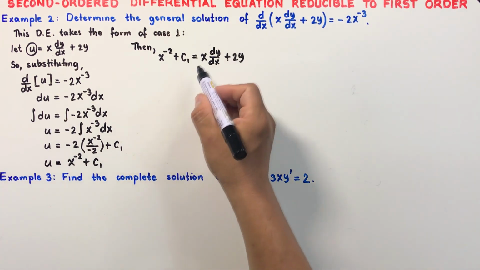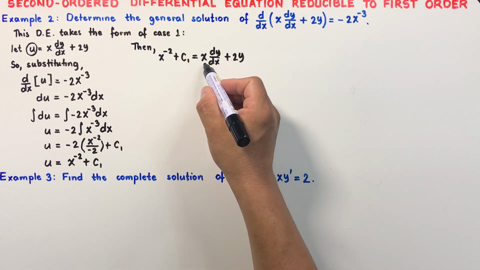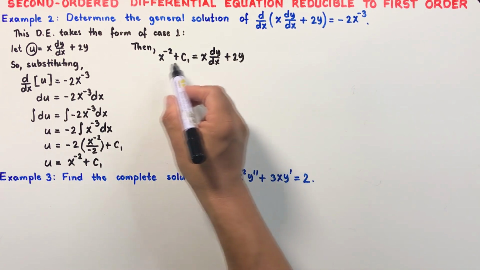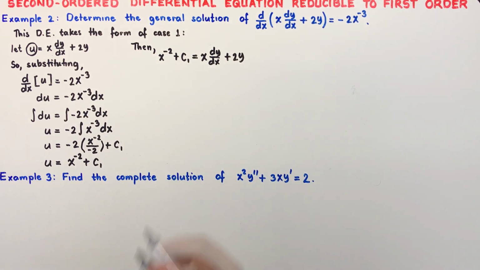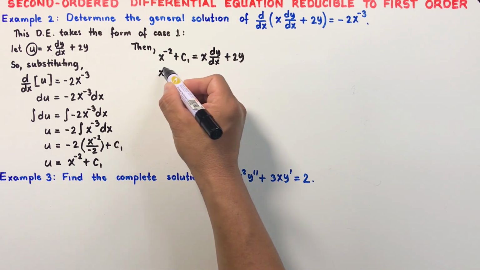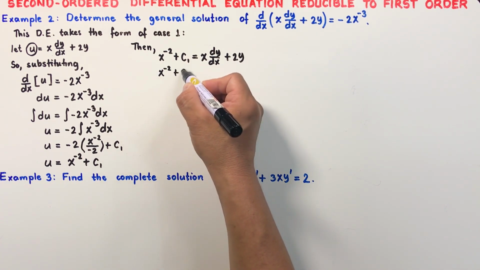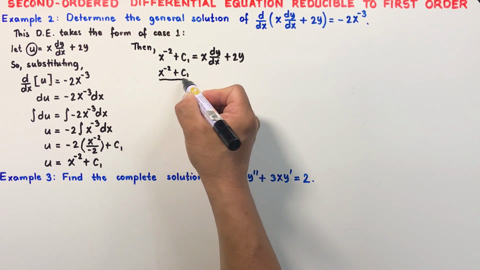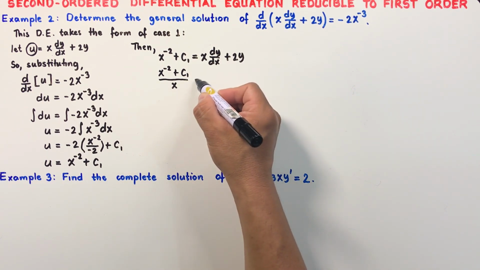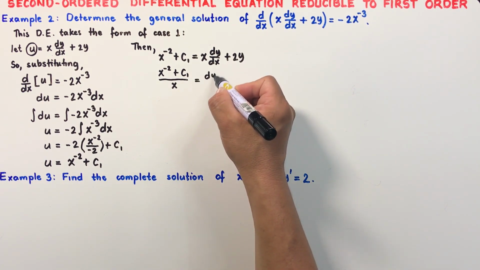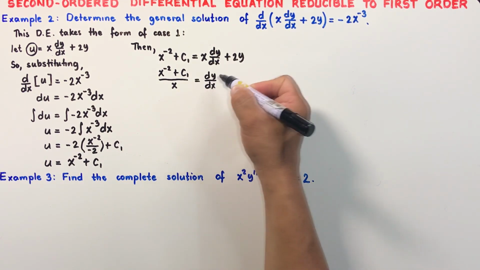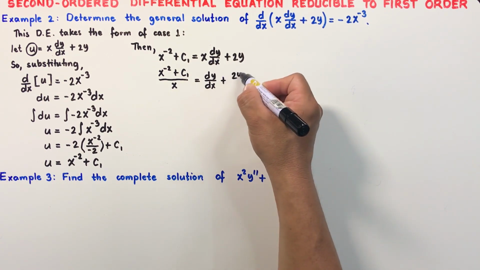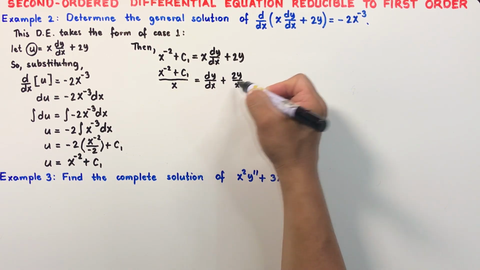And to eliminate this factor of x here, we need to divide both sides of the equation by x. So we have x to the power negative 2 plus c sub 1 over x, which is equal to the derivative of y with respect to x plus 2y over x.